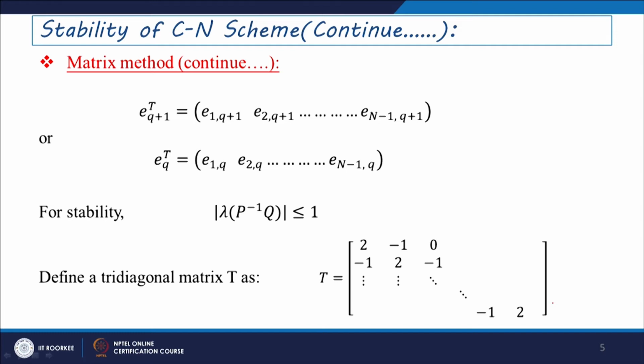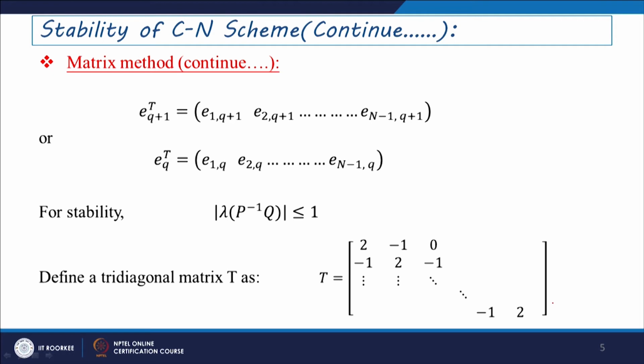So that's why this is forming a system of equations which can be transformed to a matrix in the order of n minus 1 into n minus 1 here. And the right hand side term is nothing but E1 q, as I have explained, E2 q up to E of n minus 1 q here.